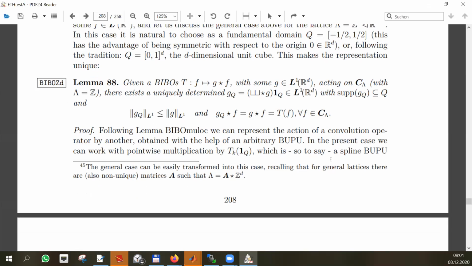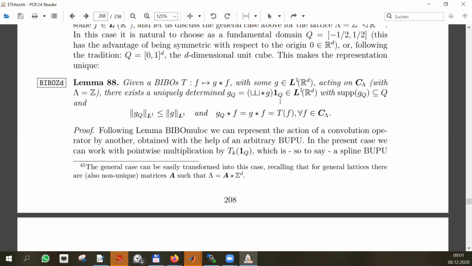So maybe you think of a Riemann integrable function or so. Then, of course, truncating it to the unit interval. So maybe you think of R^d, your lattice might be just the integer lattice, then you would say it's 0, 1 to the power d, or minus 1/2, plus 1/2, taking in every direction.